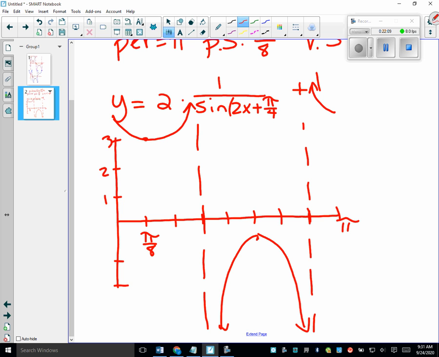I'm doing a whole period, so wherever I start here is where I have to end here. Left and right have to match. Does that make sense to you? We okay?